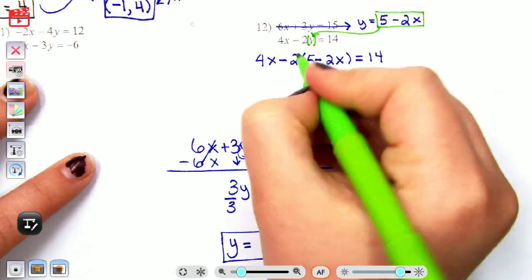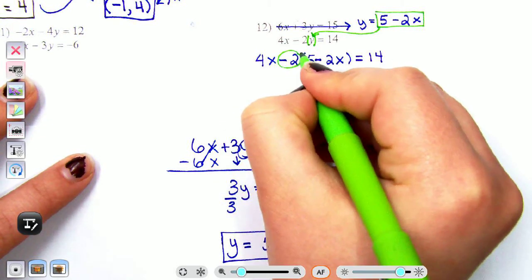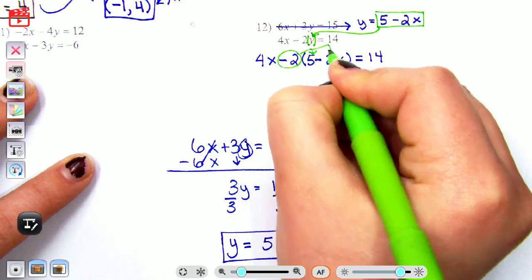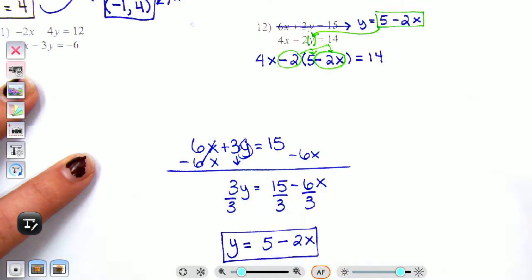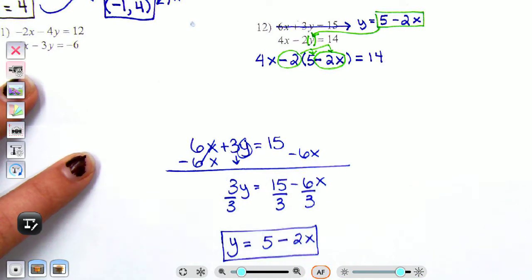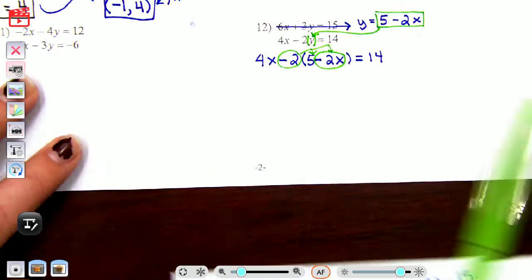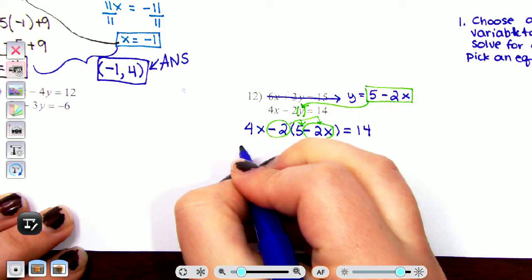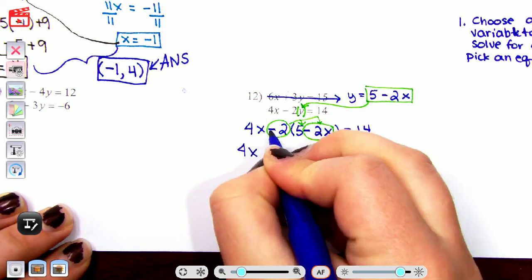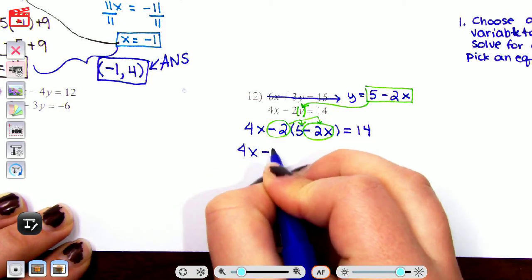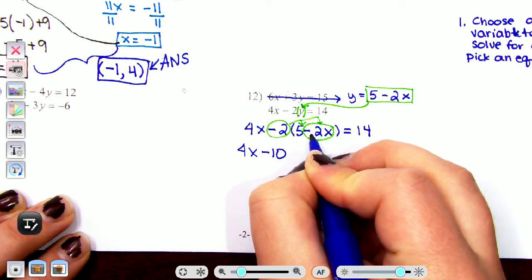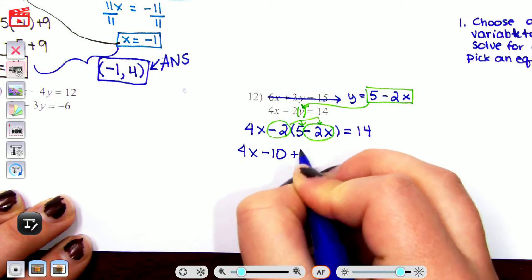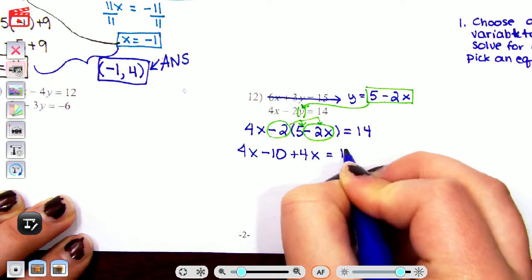Anytime you are distributing a negative, make sure that you are circling that it is negative so you don't forget. I'm going to remove this so we can work on the other part. So I have 4x, negative 2 times 5 is negative 10, negative 2 times negative x, that is a positive 4x, equals 14.